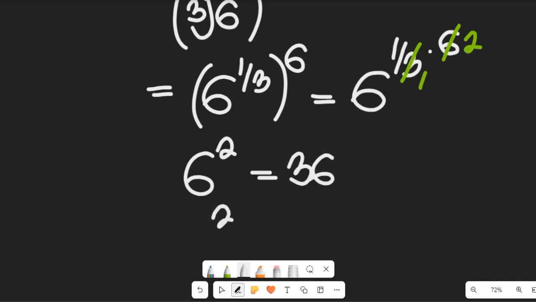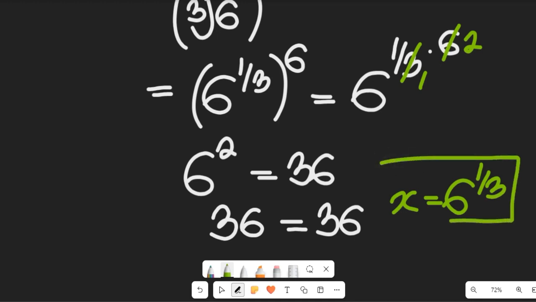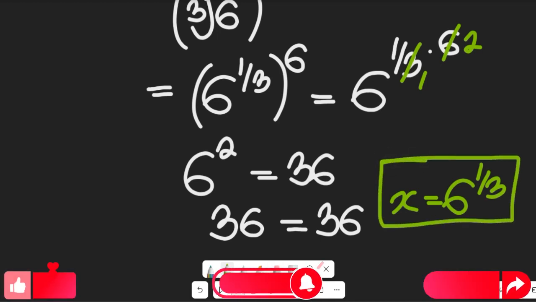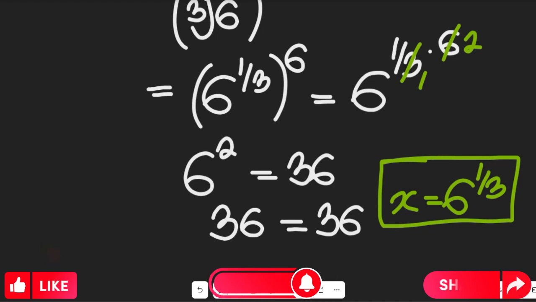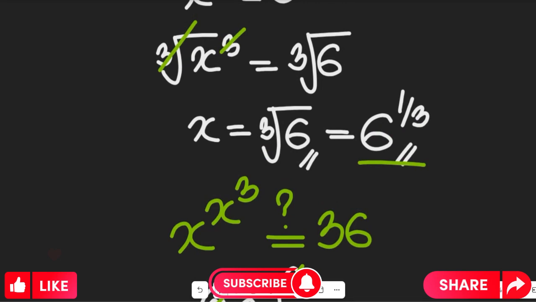Yes, 6 to the power of 2 is 36 and 36 is equal to 36. So that tells us that x equal to 6 to the power of 1 divided by 3 is a solution that satisfies this exponential equation that was given to us from the beginning of this question.